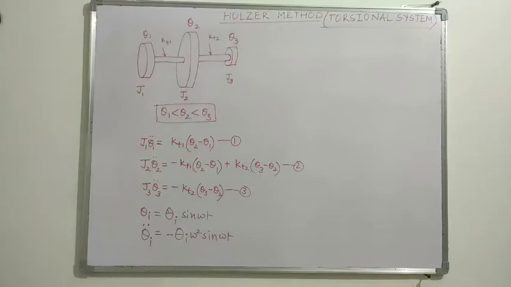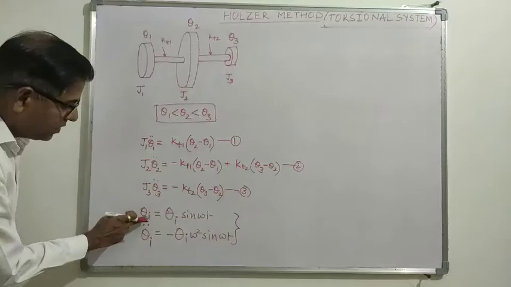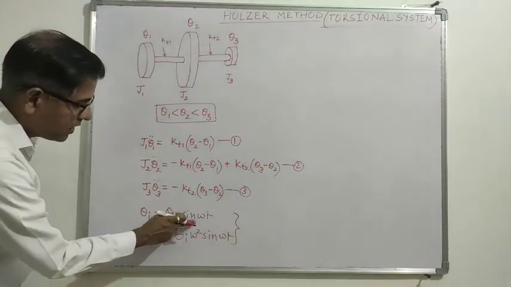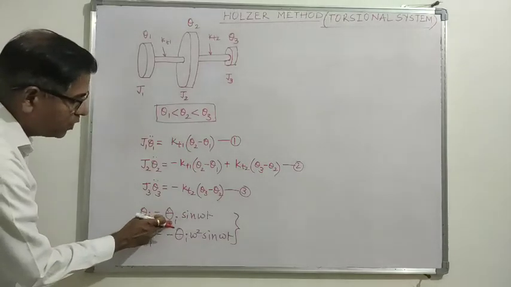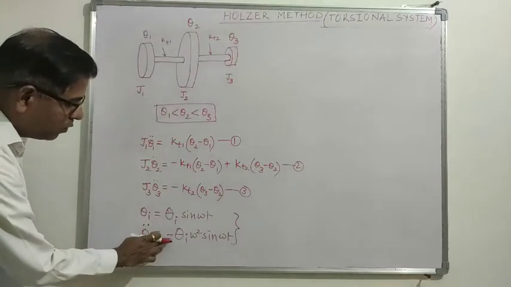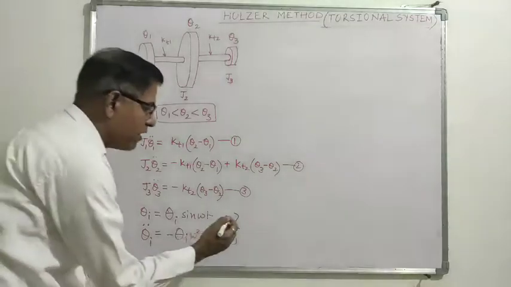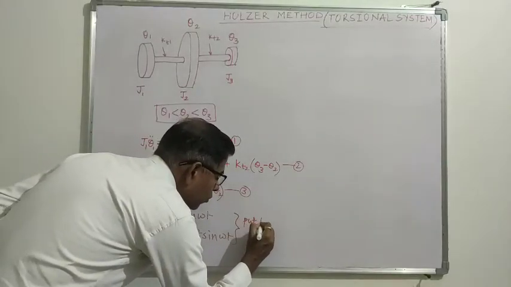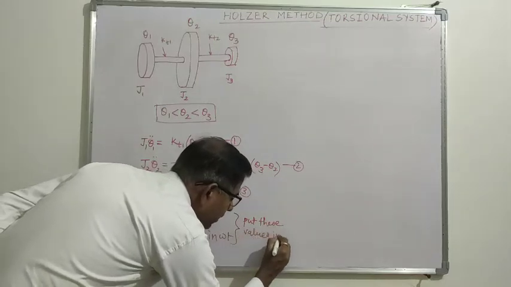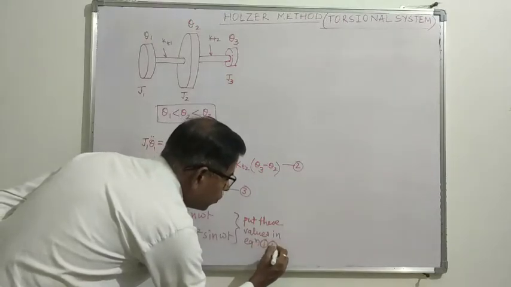So now theta 1 is equal to theta 1 sin omega t, theta 2 is equal to theta 2 sin omega t, like this, and theta i double dot is equal to minus theta i omega square sin omega t. Now we'll put these values in equations 1, 2 and 3.